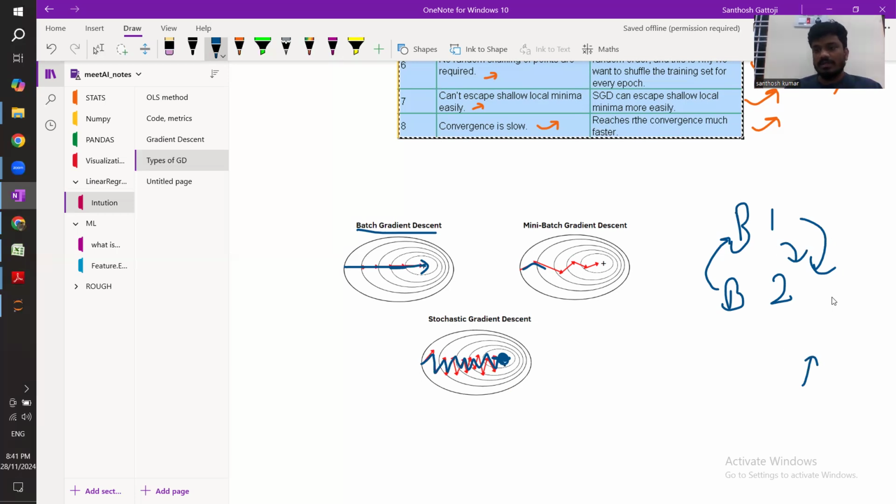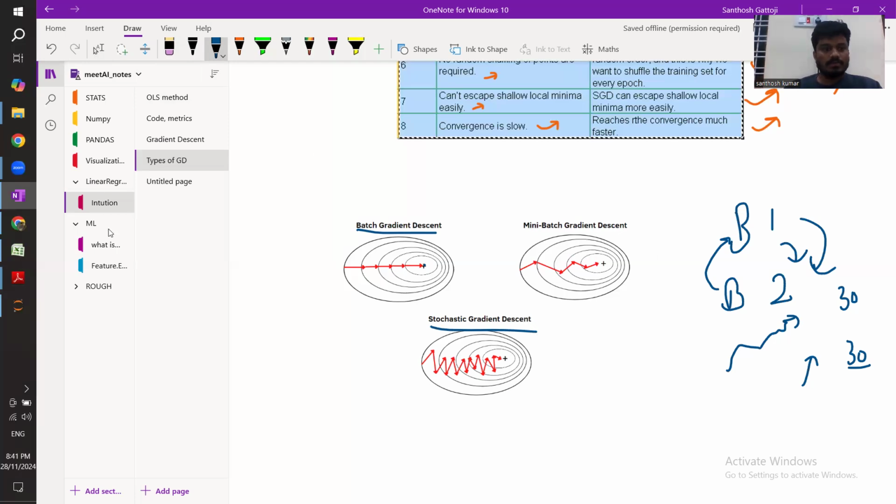We are considering 30 data points, so it will almost know which direction it should go. With one single point it is difficult to know which direction to go, but with 30 I can say I'm going in the right direction or the wrong direction. That's why it might be a little random. So this diagram will help you understand the nature of these three.